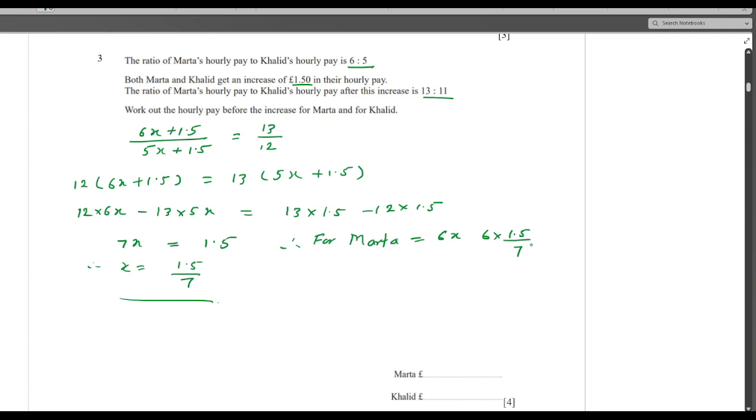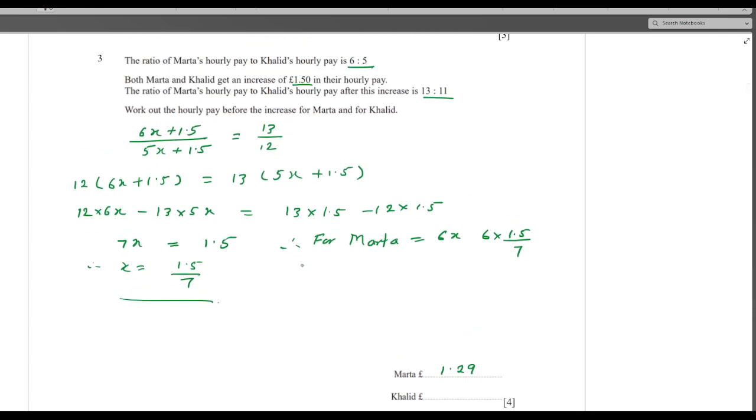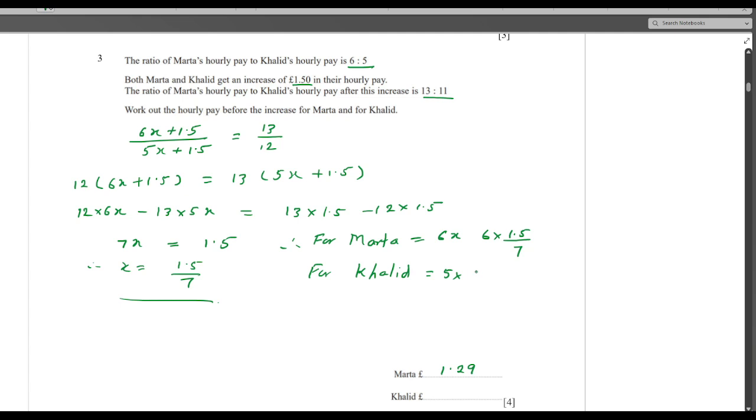So 6 times 1.5 divided by 7, the value is 1.285, that is 1.29. And the second one is for Khalid. For Khalid, it is 5x.